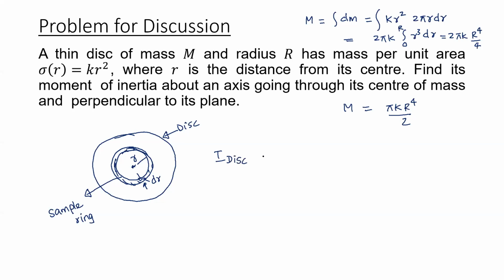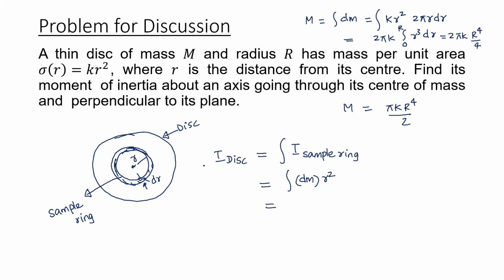Then if I want the moment of inertia of the disk, the moment of inertia of the disk is the summation of the moment of inertia of the sample rings. Now if I take a sample ring, the moment of inertia is simply mr square. So I have mass dm and it is r square.